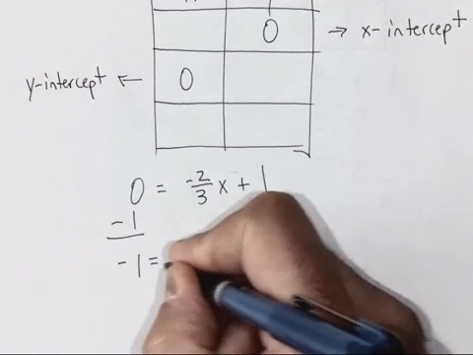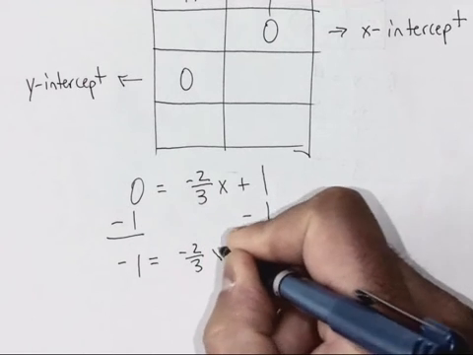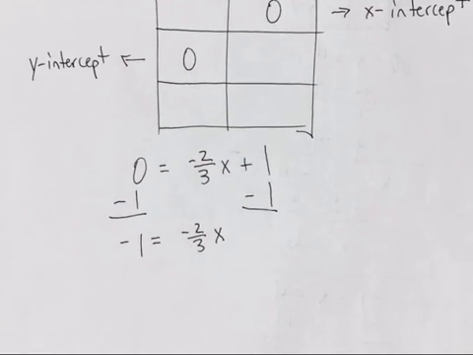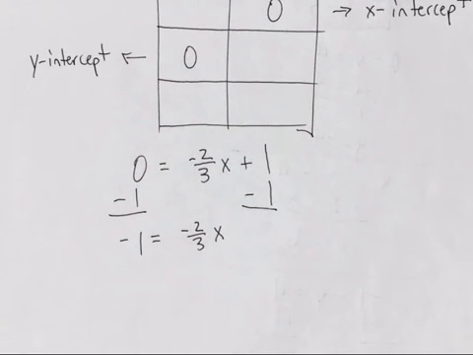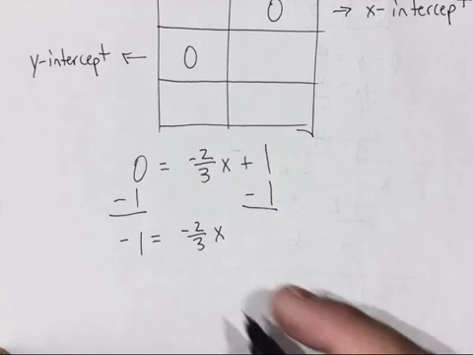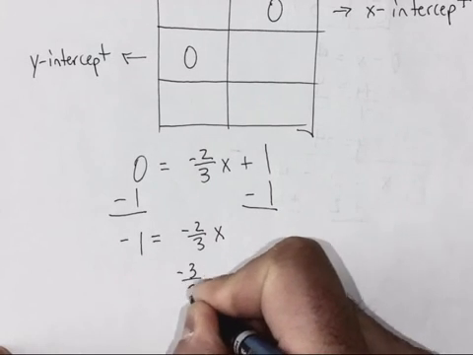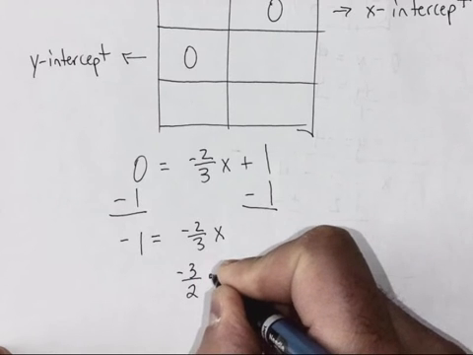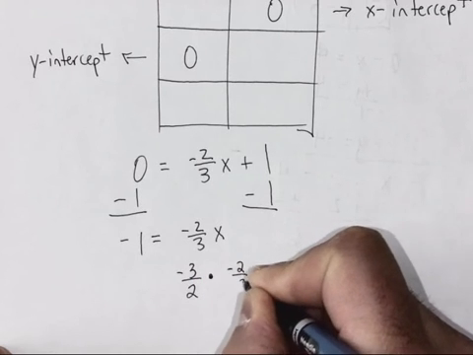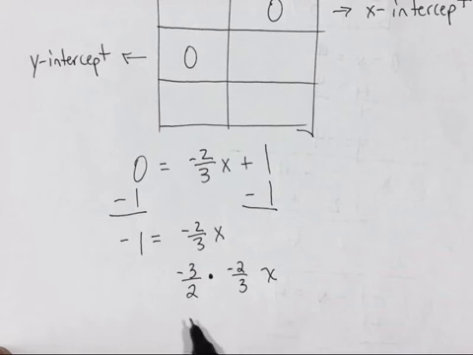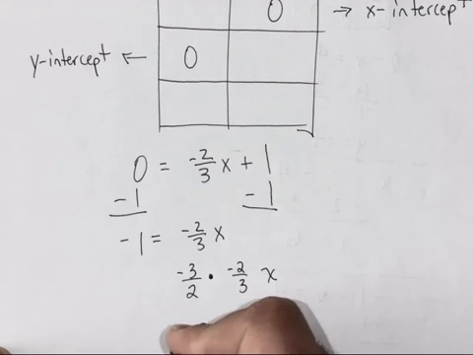So negative 1 equals negative 2/3 x. And then recall that we can eliminate that fraction by multiplying by the reciprocal of this fraction, and the reciprocal is just flipping the fraction. So the reciprocal of negative 2/3 would be negative 3/2. So if I multiply by negative 3/2, that's going to give me 6/6, which is 1, so 1x.